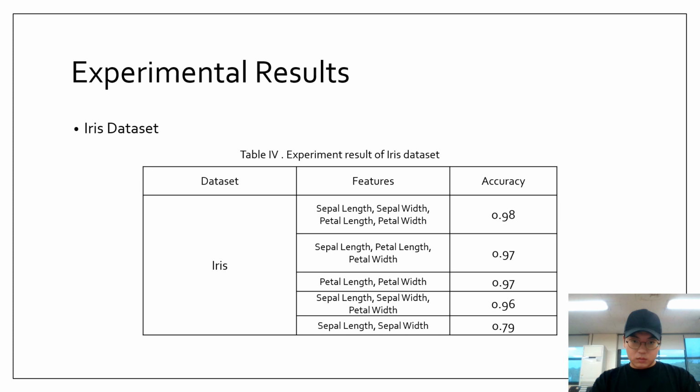However, while the accuracy was 97% when the top 2 features were used, it was only 79% when the bottom 2 features were used, showing a difference of 0.19. This demonstrates the validity of the method of determining the ranking order. There are more experimental results in our paper.